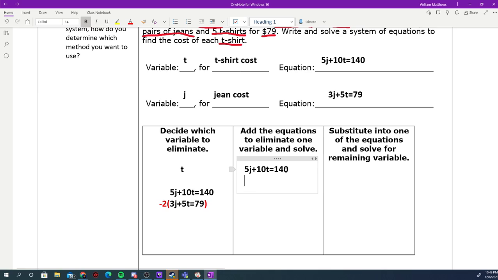We write down the equations after we multiply, not factor, we're multiplying. So we get negative 6j plus negative 10t, and this will equal, making sure I do my math right before I make a mistake on a basic problem, negative 158.